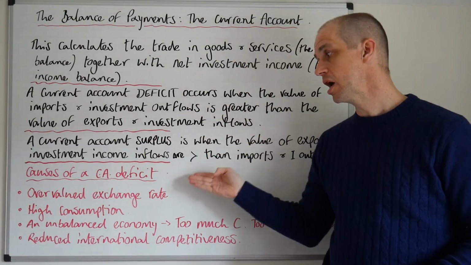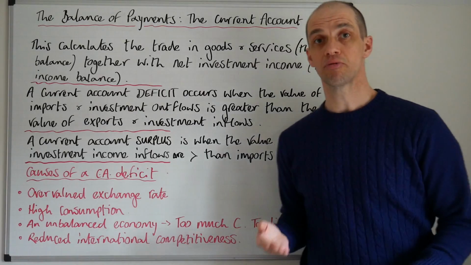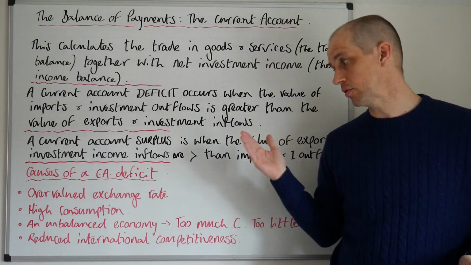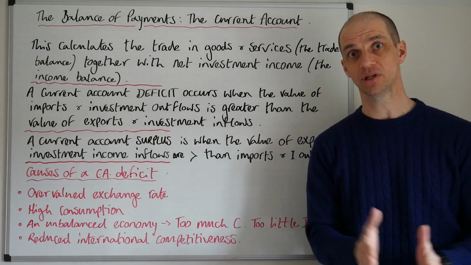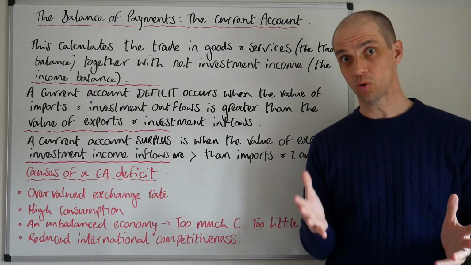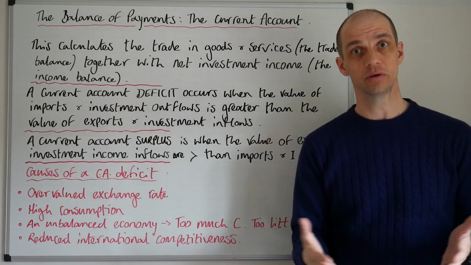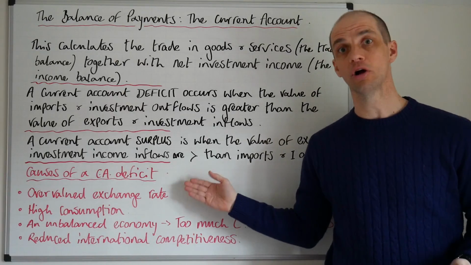So firstly, it could be as a result of an overvalued exchange rate. Prior to the Brexit referendum, some economists did argue that the UK current account position was becoming unsustainable and was becoming quite a worry for the economy. And part of the reason they argued for that was the currency had actually become overvalued.